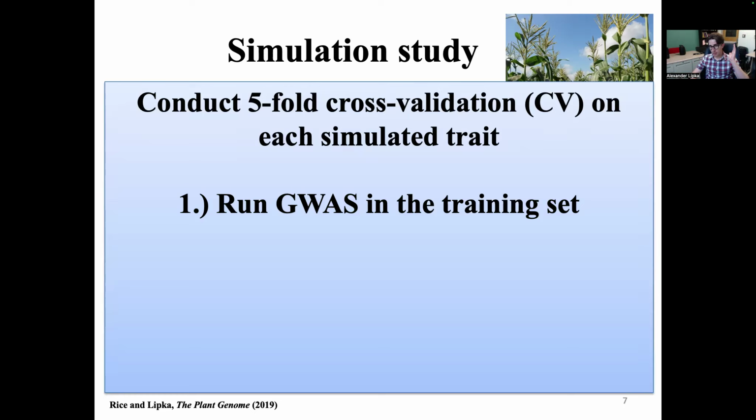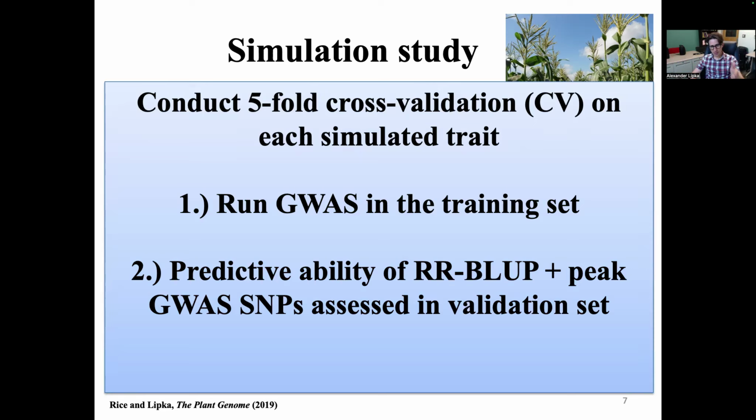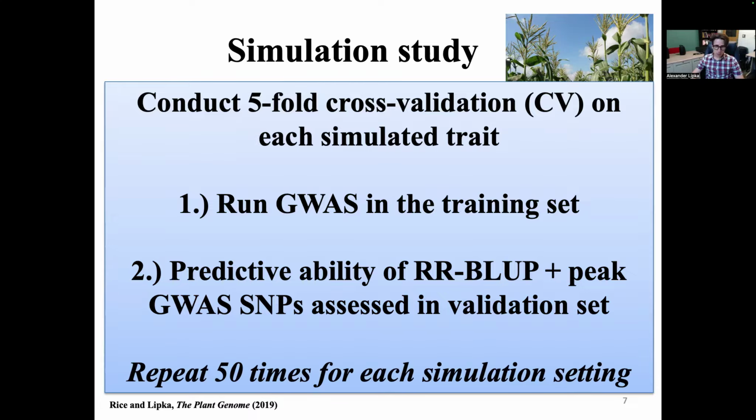You ran a GWAS in it, and then you fitted an RR-BLUP model that would include that peak associated GWAS SNP. Then you evaluated predictive ability in the validation set, and we repeated this 50 times.